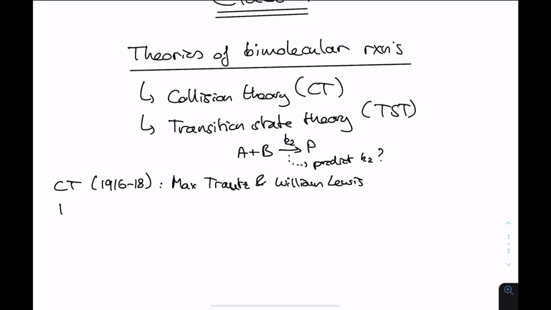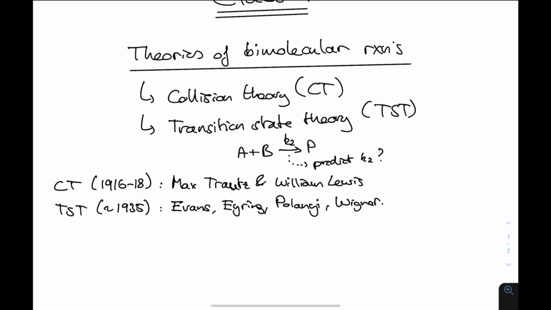And transition state theory followed in about 1935 by the people that we've already seen in the introduction chapter: Evans, Eyring, Polanyi, and Wigner, and others.